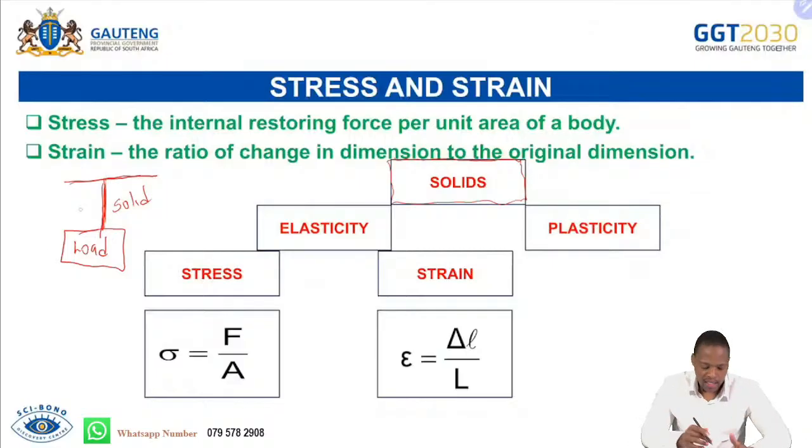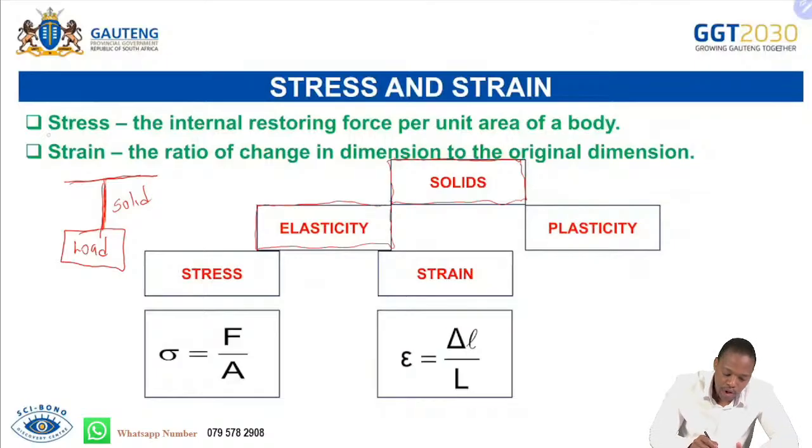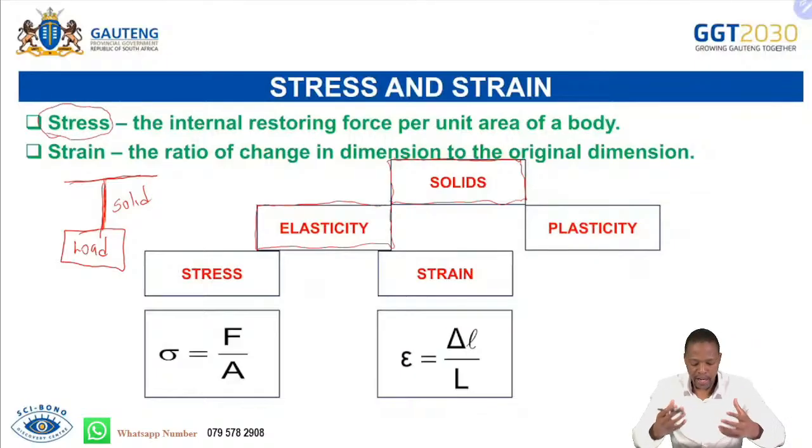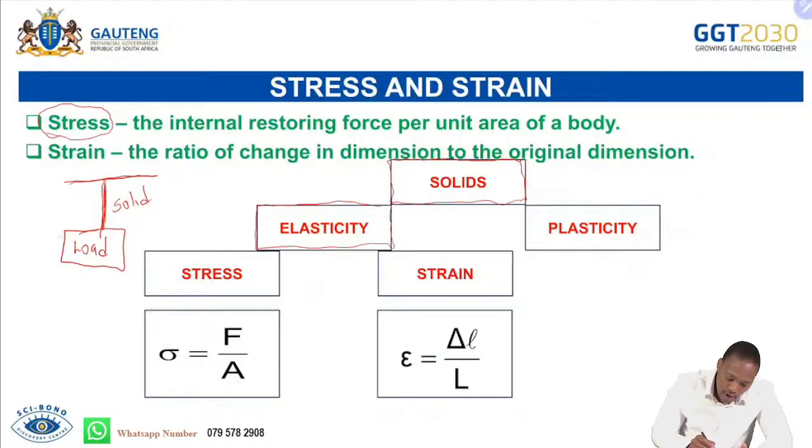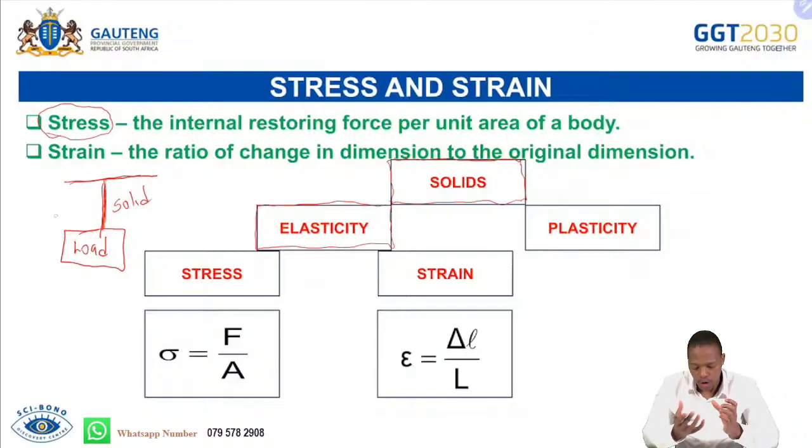So what is being said here, grade 12, is that this rod will experience elasticity, or this rod is elastic. This rod will experience something called stress. Why is this rod experiencing stress? Because there is a force acting on this rod, but this force is acting on a particular area, a particular point.